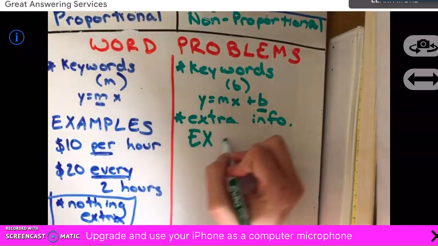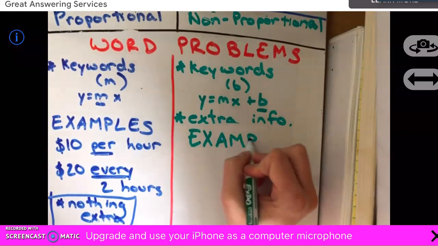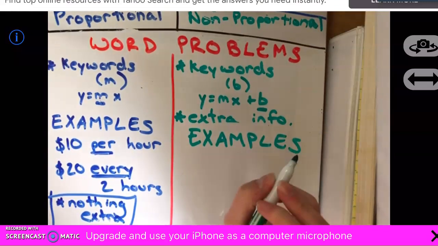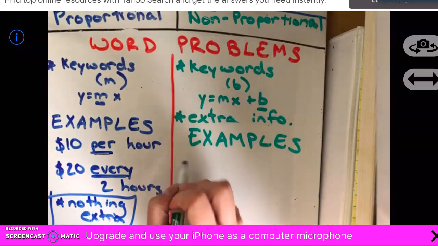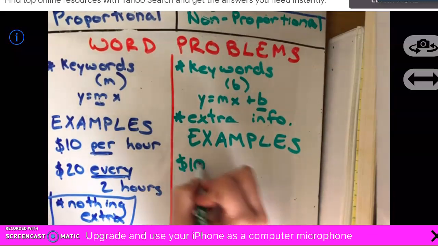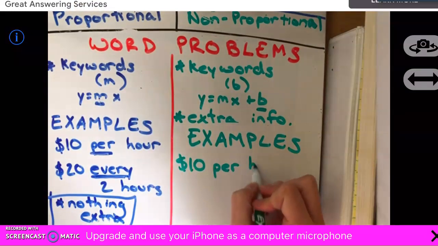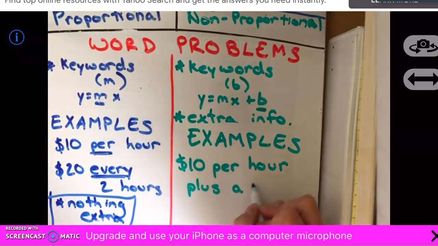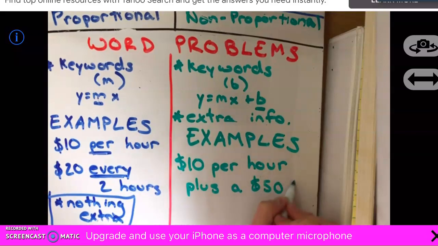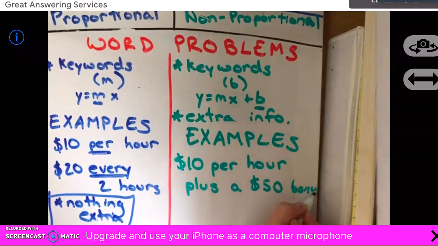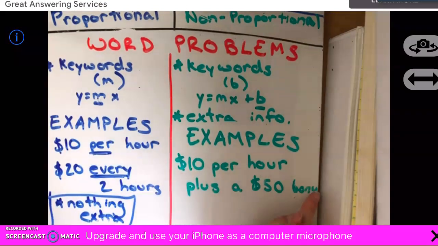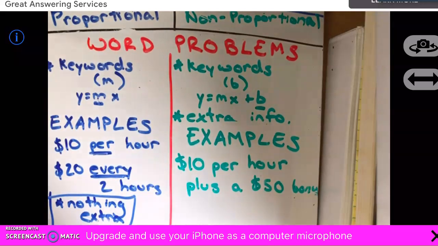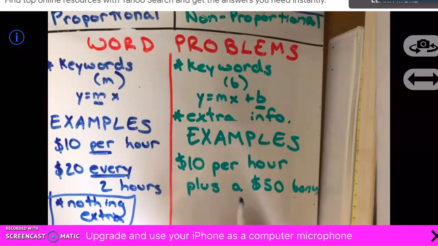So some examples I want you to write down include, let's look at this one, we'll keep it the same: $10 per hour plus a $50 bonus, okay? So let's see. I'm looking for my keywords. I see $10 per hour plus a $50 bonus.